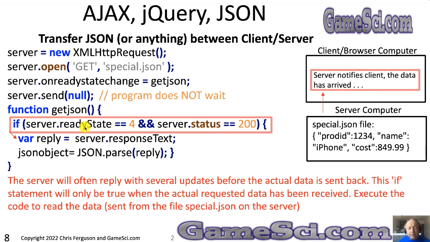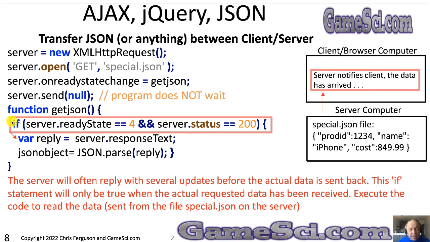If server.readyState equals 4 and server.status equals 200. The server will often reply with several updates before the actual data is sent back. This if statement will only be true when the actual requested data has been received. Execute the code to read the data sent from the file special.json on the server.